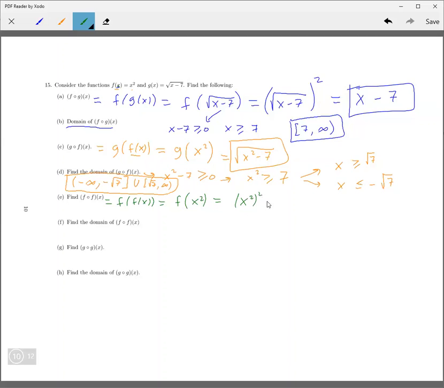But when you have a power raised to a power, that's equal to the product of the exponents. 2 and 2 is 4. So you get x to the 4th. And then there's nothing wrong with anything. You can plug anything in here, and then anything here works. Everything works. So the domain is going to be negative infinity to infinity.